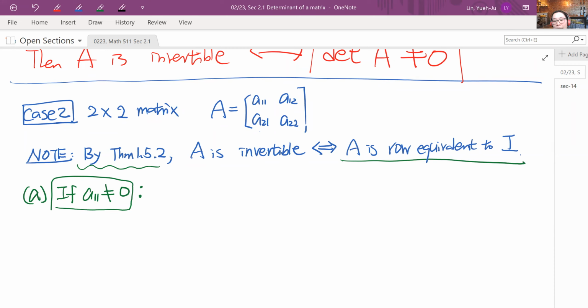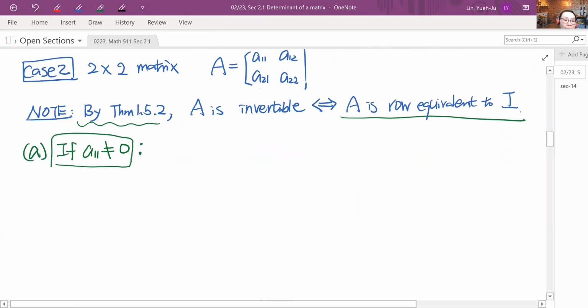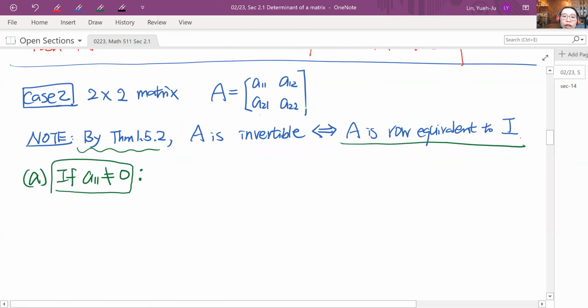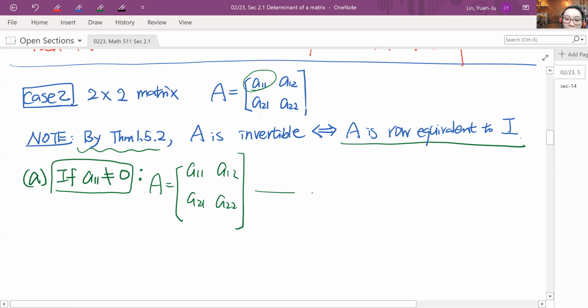Unfortunately, in this case I also need to separate case 2 into 2 subcases. Case A is when the first entry, A11, is non-zero. Let's see how we derive what we want. You start with A, and because A11 is non-zero, I'm going to multiply row 2 by this number.